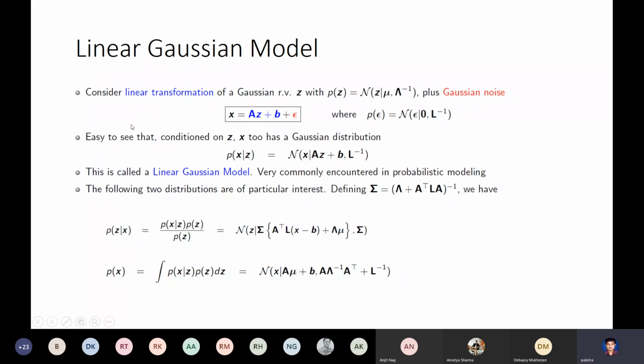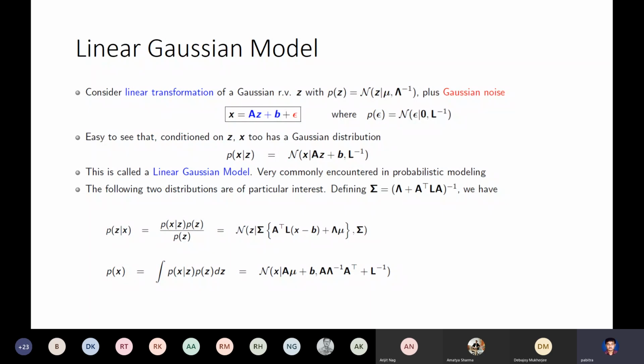From the previous two discussions, you can easily derive that if z is Gaussian according to this and epsilon is Gaussian according to this, then x given z is also a Gaussian with the mean az plus b. Note that z is fixed, so the mean is az plus b, and the variance, very interestingly, is no longer dependent on the variance of z. It is dependent on the variance of epsilon, because z is already given, it is no longer stochastic, it is known.